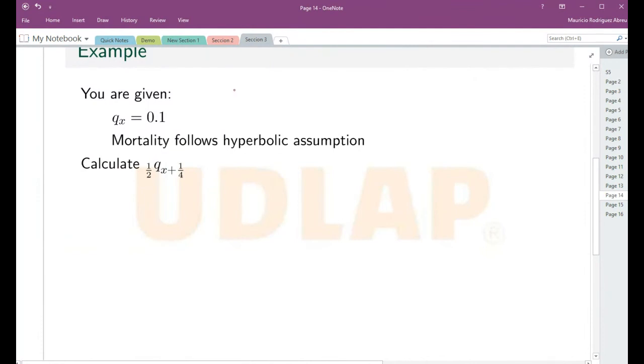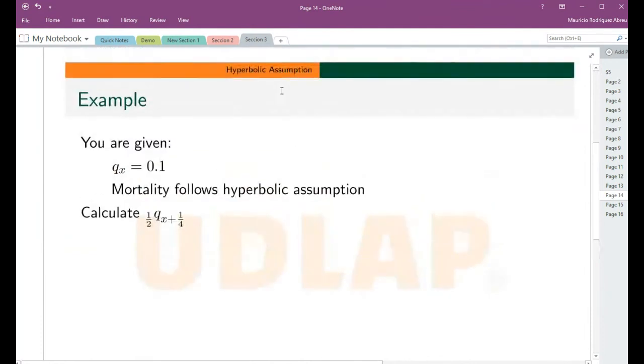So according to the hyperbolic assumption, I'm just going to write here the formulas, because again, I don't know these formulas by heart. I just need to double check my notes.